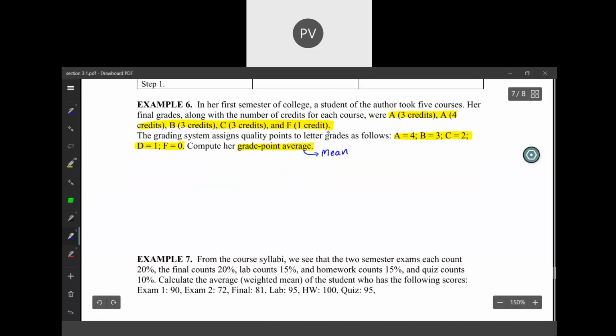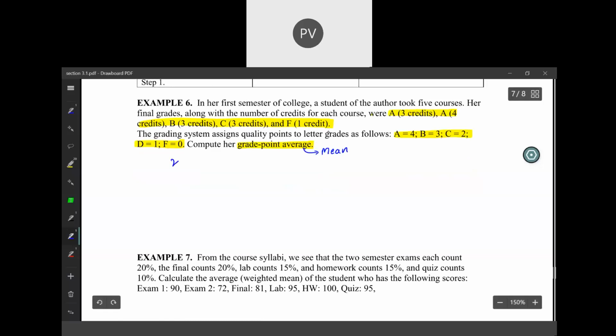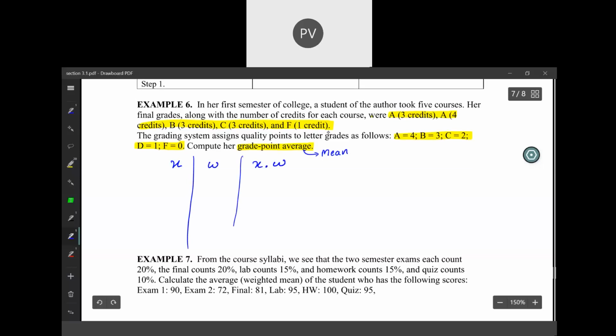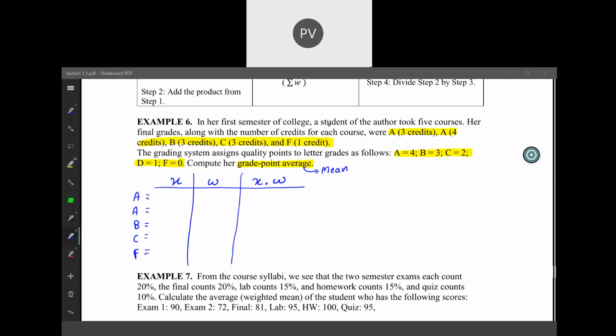So let me prepare a table first. We have x values, we have weights, and we need to compute, right? Now we have A, B, C, and F. So here the x values will be 4, 3, 2, 0.